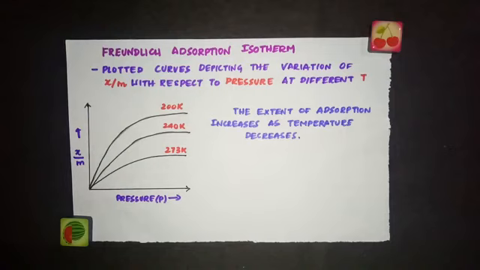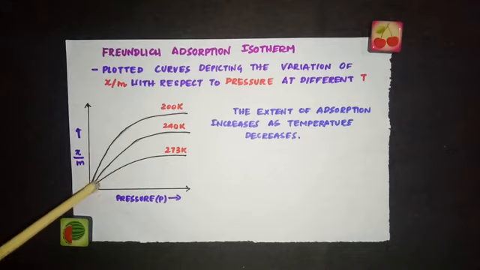In the previous graph, we have seen the adsorption isotherm for one particular temperature, and Freundlich plotted curves depicting the variation of x/m with respect to pressure at different temperatures involving the same adsorbent and adsorbate. This is the graph obtained by Freundlich by plotting x/m versus pressure at different temperatures.